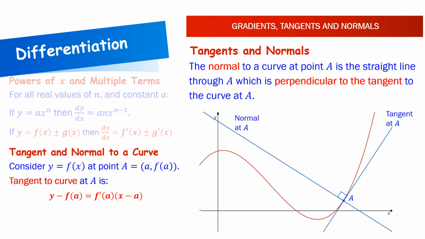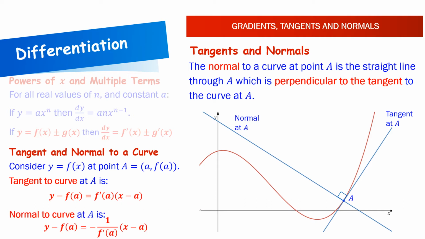Consider a general curve y equals f(x) at the point A equals (a, f(a)). The tangent to the curve at A is y minus f(a) equals f'(a) times (x minus a), where f'(a) is the gradient of the tangent.